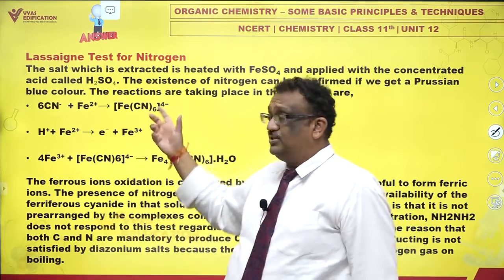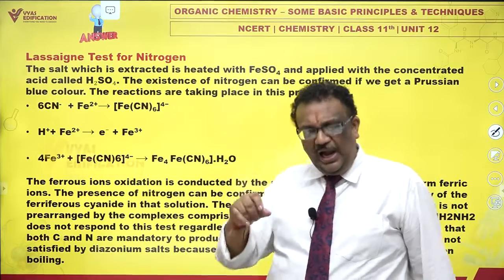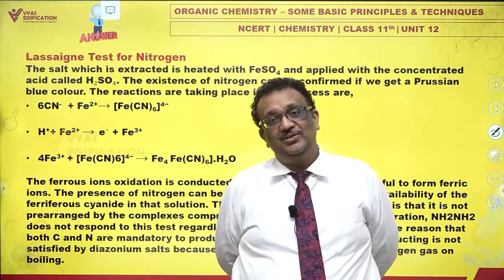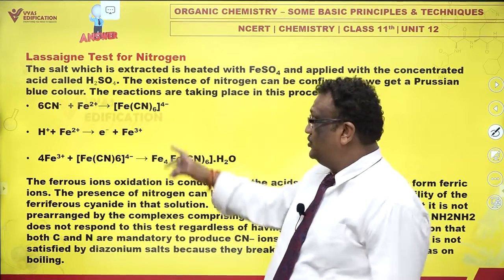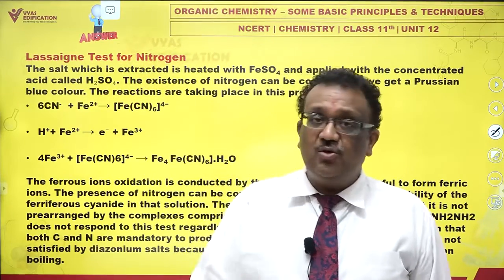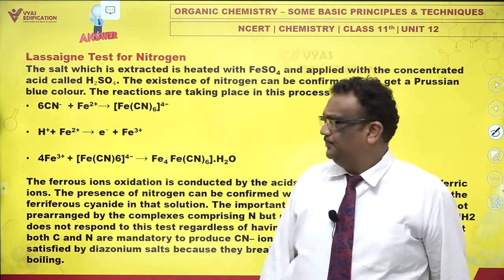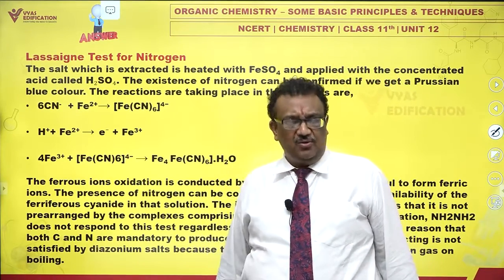These ferrocyanide ions don't have a very significant color, but now just add a drop of ferric ions. First you added ferrous sulfate, now just add a drop of ferric ion. Otherwise ferrous is already present. Add some quantity of an oxidizing agent, like a drop of concentrated nitric acid.